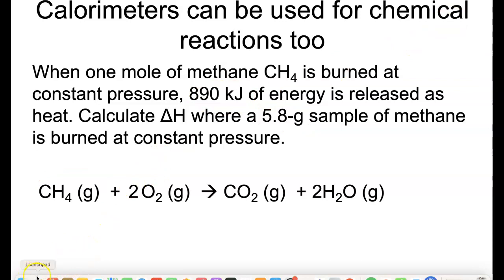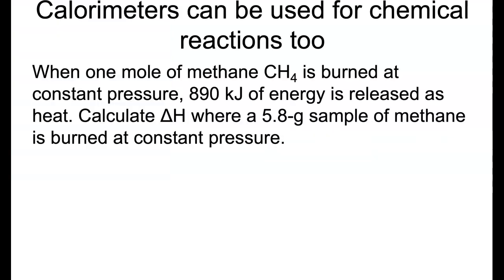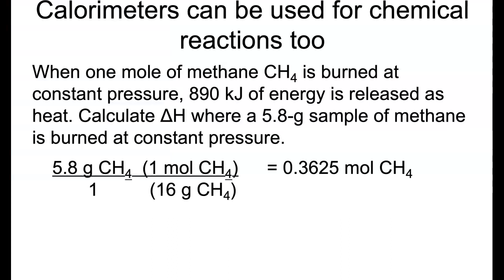Now, keep in mind that as we're doing this reaction, the energy is negative because heat energy is releasing. This is an exothermic reaction. All right? And so hopefully you would say, well, first we've got to convert those grams to moles.